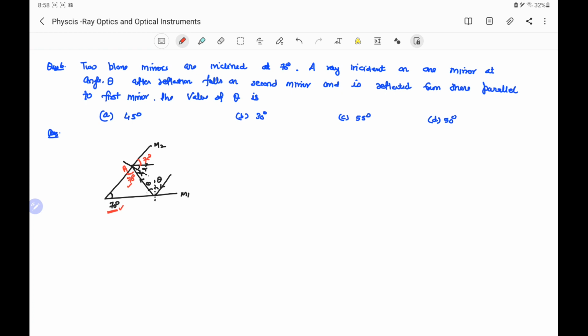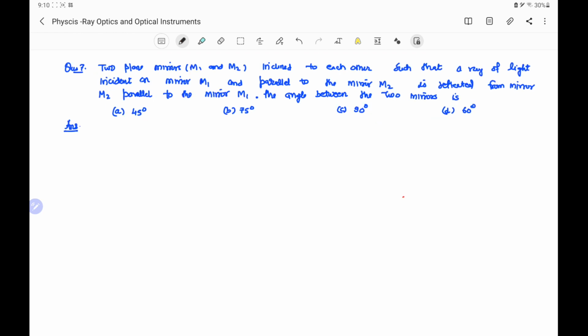Therefore the remaining angle in the triangle, say OAB, will be 40 degree, and the normal at B makes angle theta with the reflected ray. Therefore 40 plus theta will be equal to 90 degree, and theta will be equal to 50 degree. So the value of theta is 50, that is option D is the correct option.